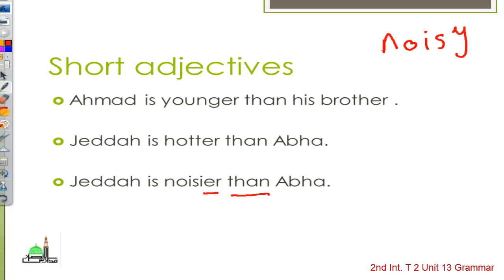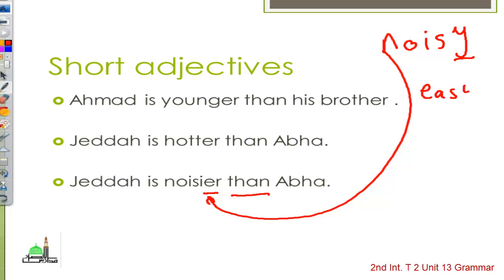If you have an adjective with Y, what can you do? We change Y into I. Like easy, E-A-S-Y. To make it comparison, easier, E-A-S-I-E-R. Heavy, H-E-A-V-Y.